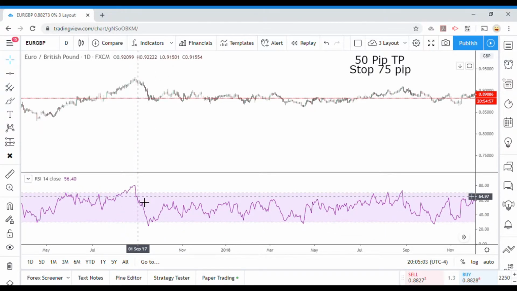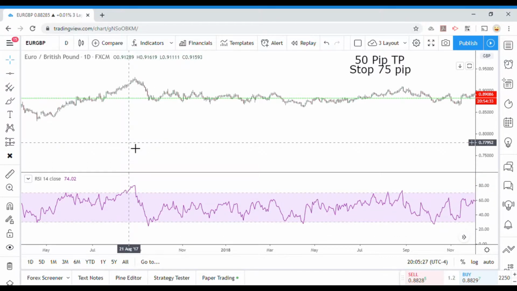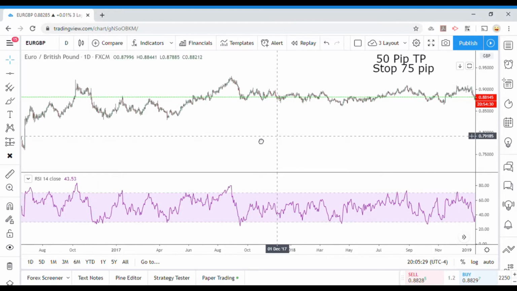We should watch for the RSI to come back in past the 70 line or the 30 line back into the grayed out area, and that is the signal to either go long or go short. So coming out of overbought at the top will be a short signal. Coming out of oversold at the bottom will be a buy signal.